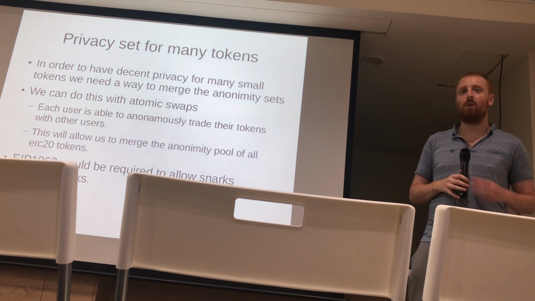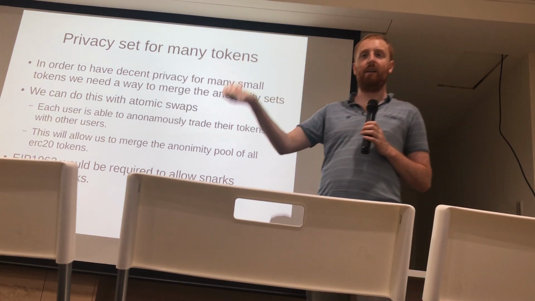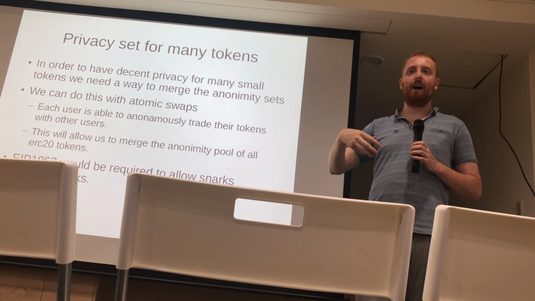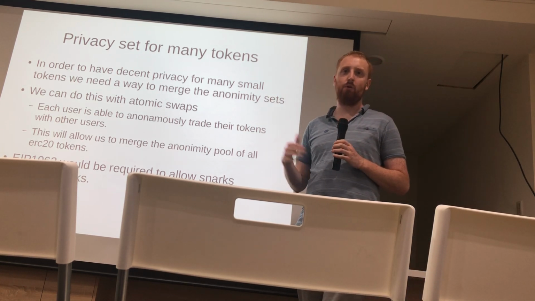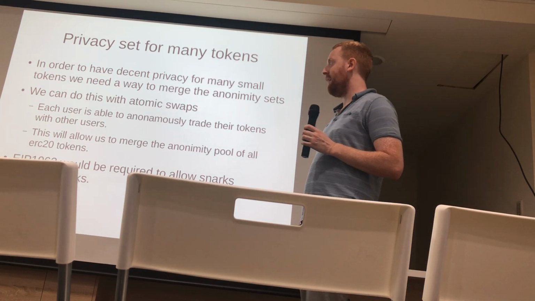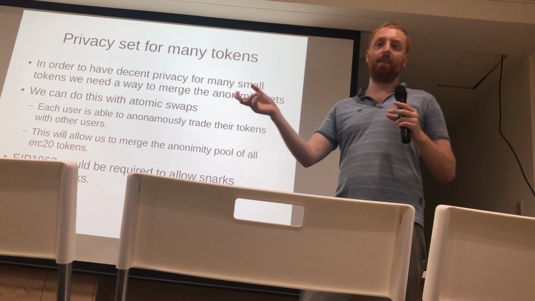So what I do is I go to the mixer and I make a trade, or I publish an order, and I broadcast that order to a bunch of people in the order book, and someone comes forward and says, oh yeah, I'll match that order, and they send me the other side of the order.